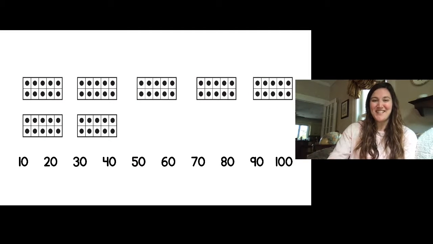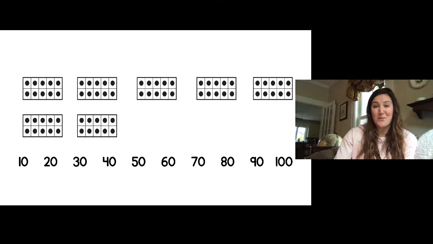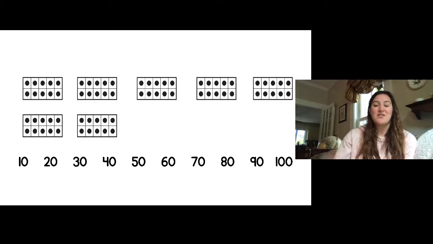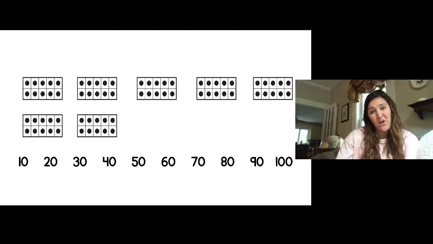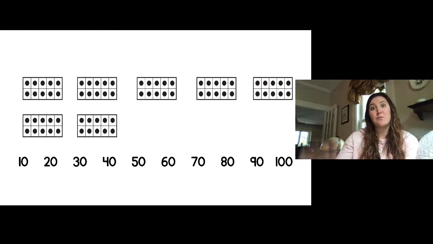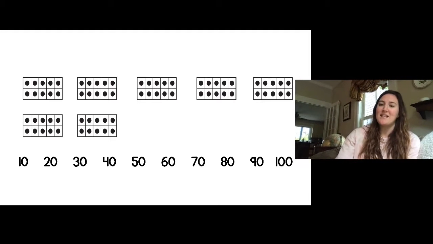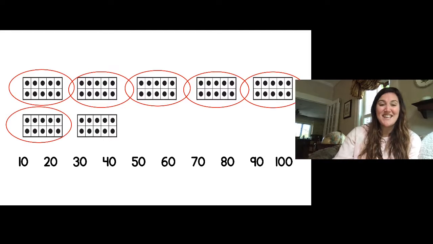Well, we're going to do another one together. And then there will be 2 for you to do by yourself. One more together. Okay, here's our full 10 frames so we can count by tens. If we counted by ones, that would take a long time. Much faster to count by tens because we see they're already in groups of 10. Let's count. 10, 20, 30, 40, 50, 60, 70.